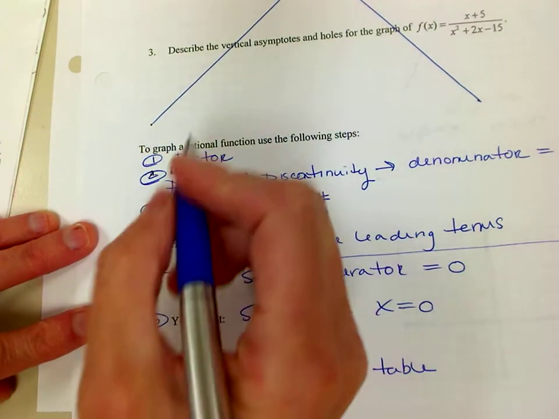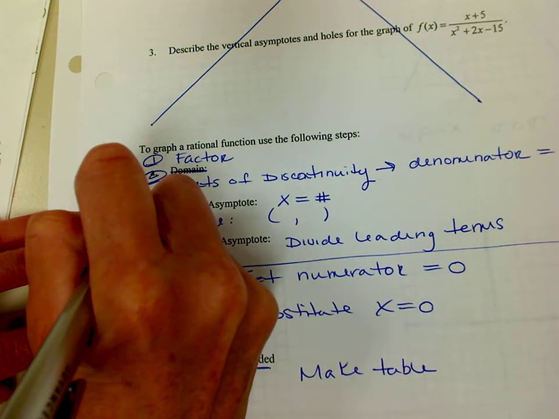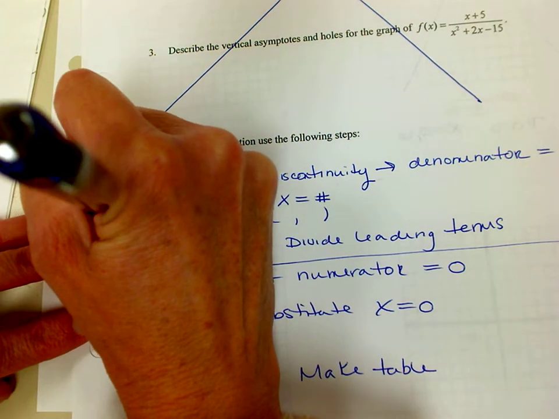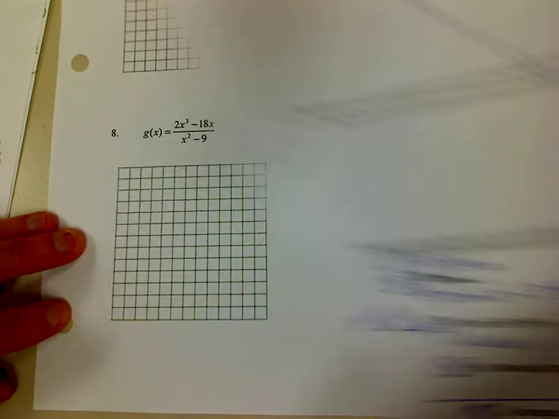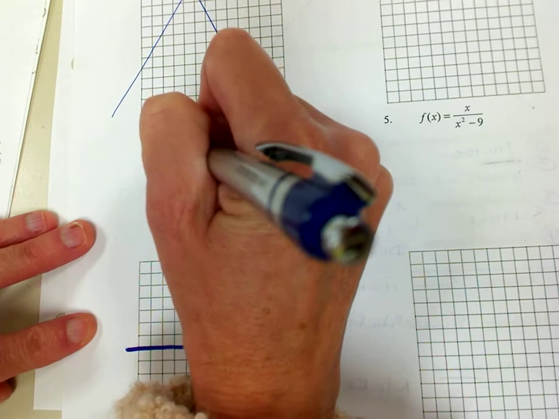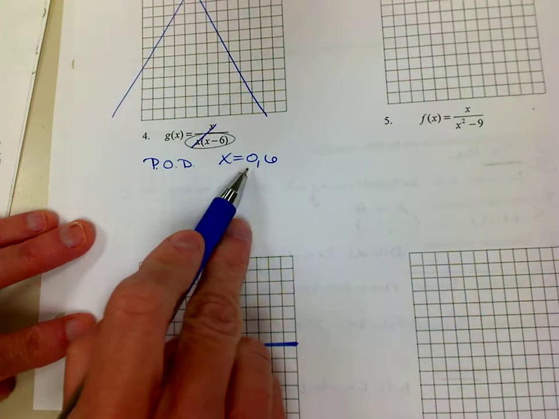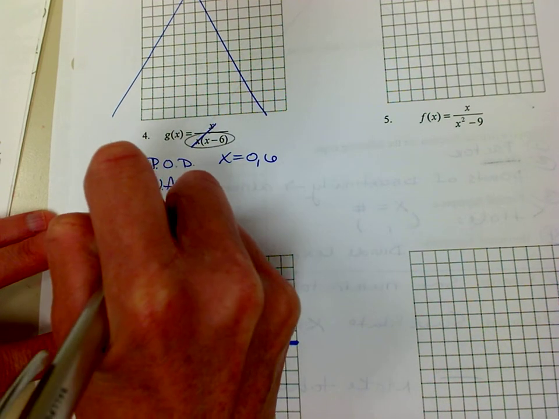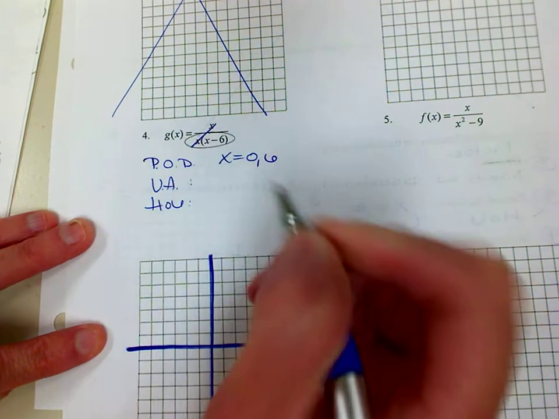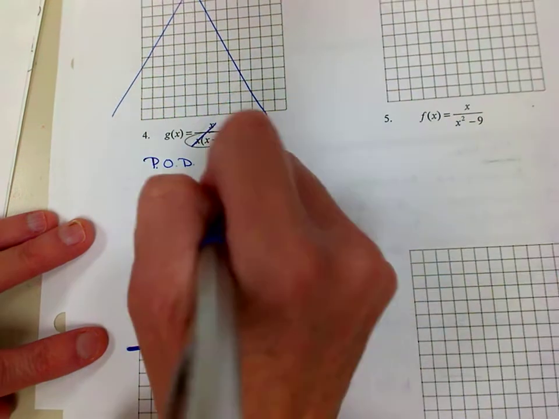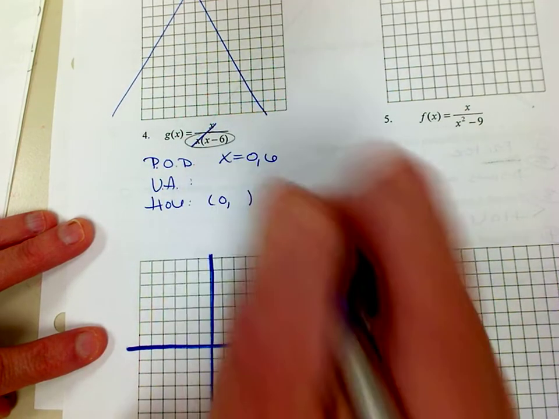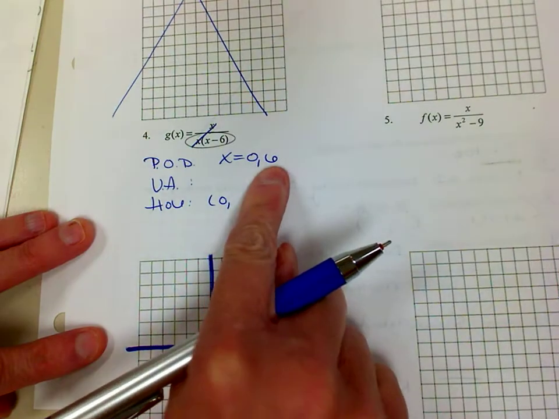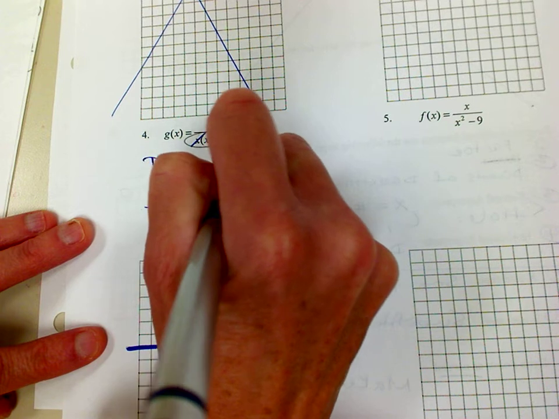So before I determine this, I want to cancel first. Well, these cancel. That means the 0 canceled out. Since the 0 canceled out, that's going to be a hole in the graph. Whichever didn't cancel out, that is a vertical asymptote.